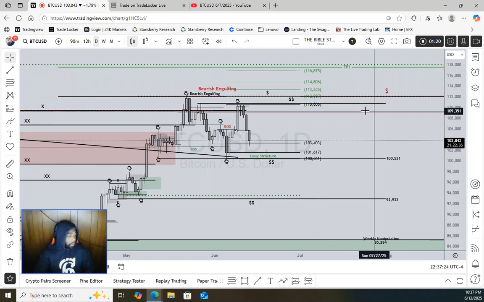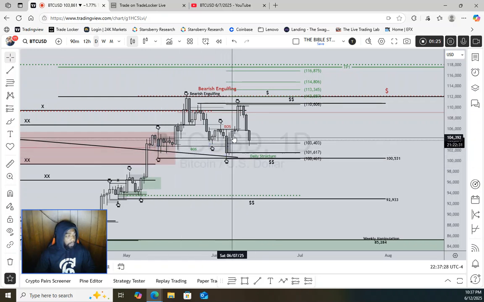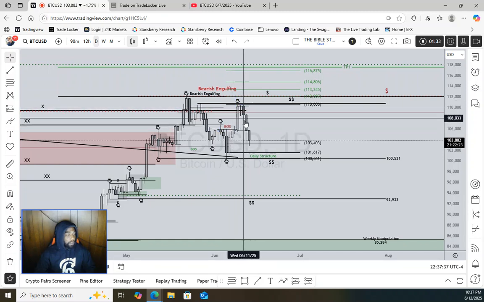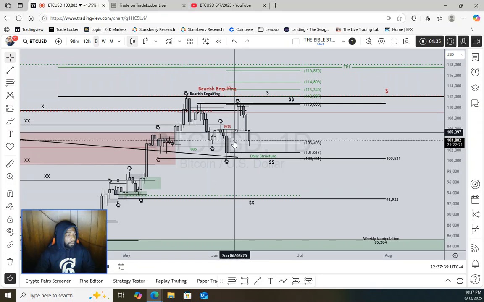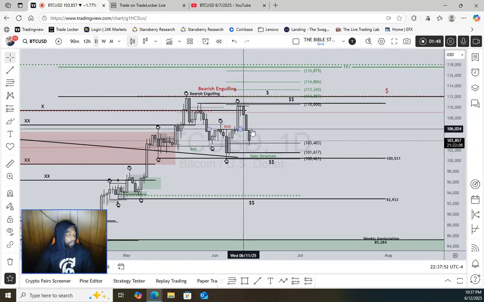Now, what happened? At that level, price produced this expansion, producing a breaker structure, and now the close of yesterday, we got this sale, this initiated or signaled that this is a bearish swing point.